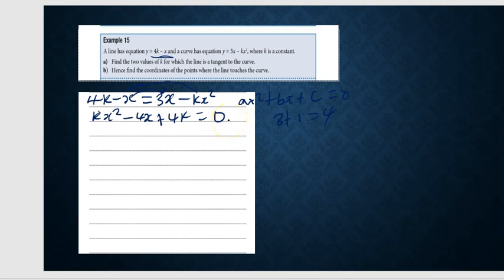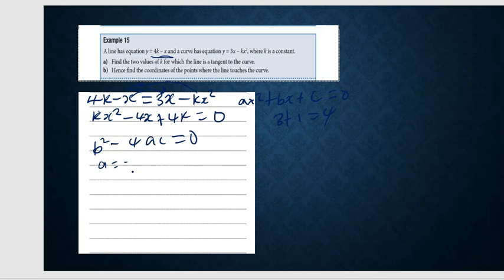So the line is a tangent. So there is one repeated root, because we know if a line is tangent, then b squared minus 4ac must be equal to 0.